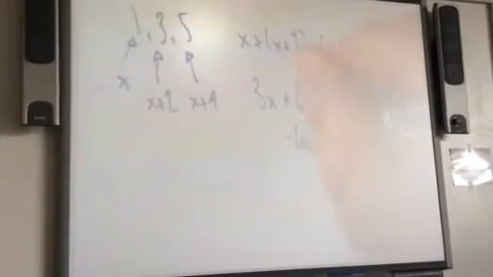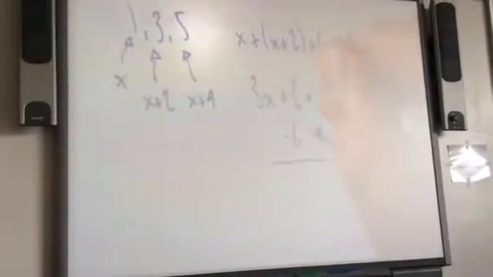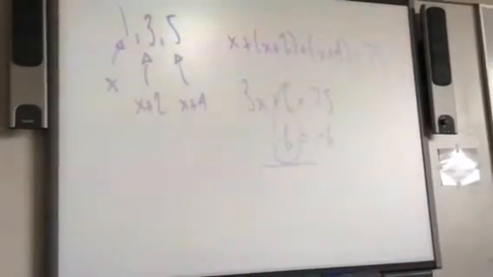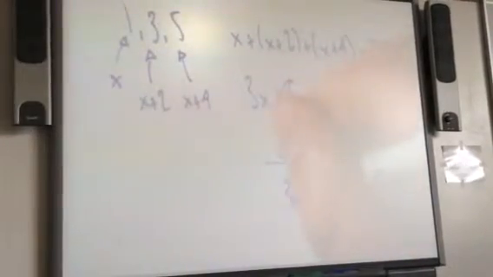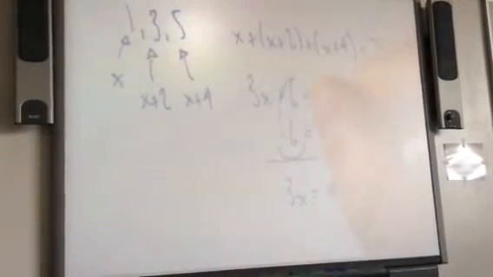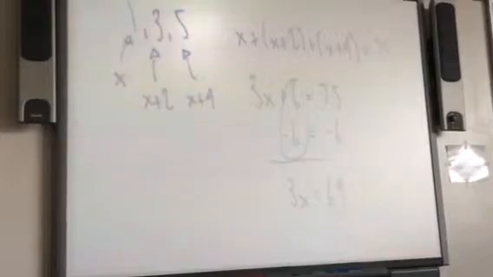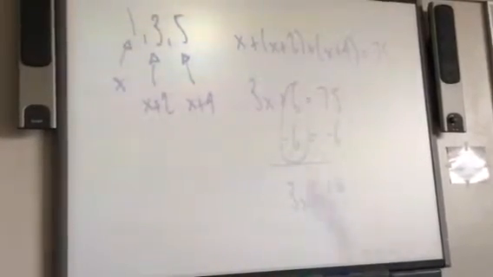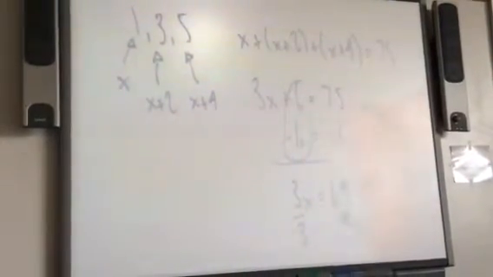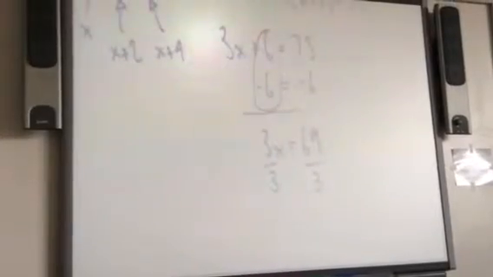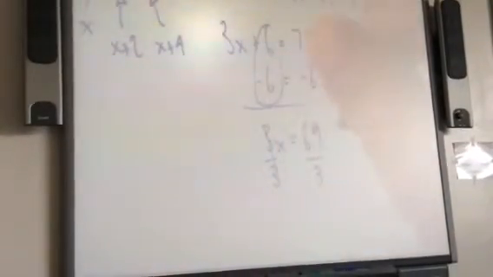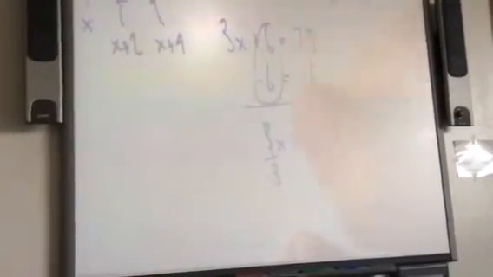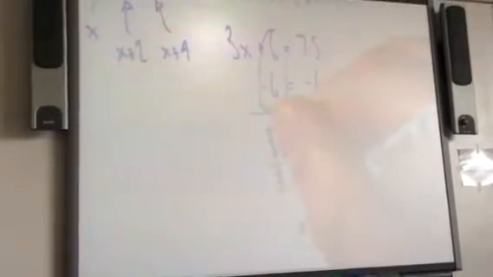The opposite of adding 6 would be to subtract 6, and remember to follow the reverse of the order of operations. So I get 3x equals 75 minus 6, which is 69. And then for 3 times x, the opposite of times 3 would be to divide by 3. So 69 divided by 3 is 23.